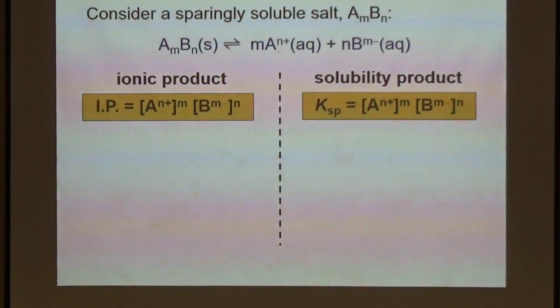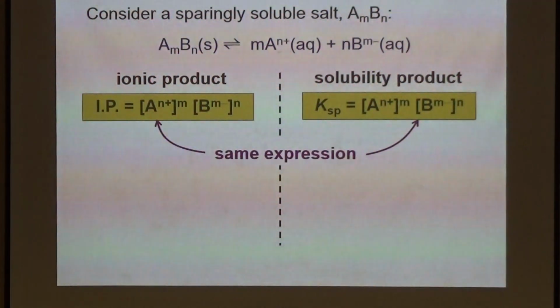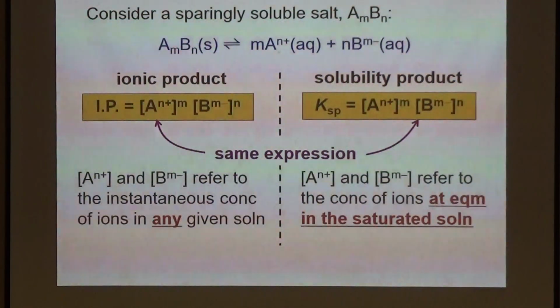So the expression is the same. However, the square bracket A and square bracket B for the ionic product refer to the instantaneous concentration in any solution.